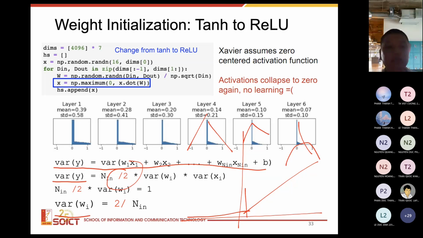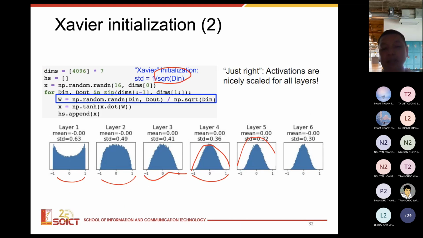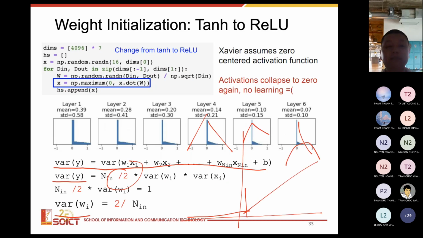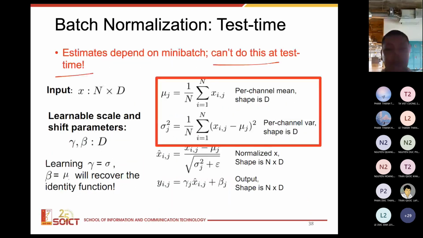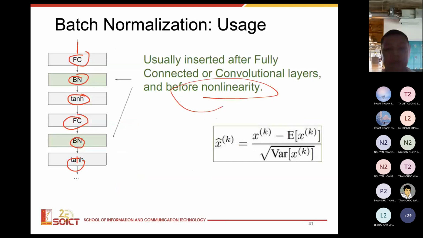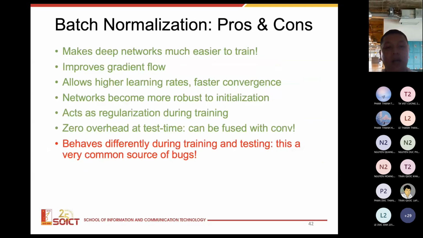With batch normalization, we can force the output at that layer to be well behaved. It also allows a higher learning rate and faster convergence, because now you have more flexibility to choose the learning rate.